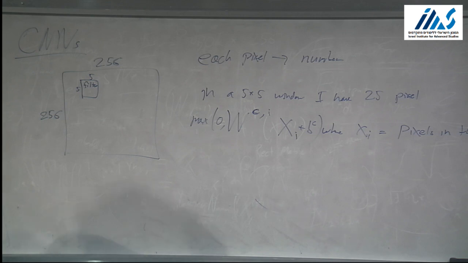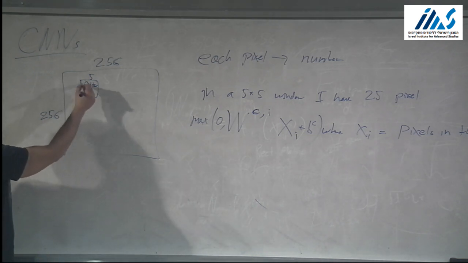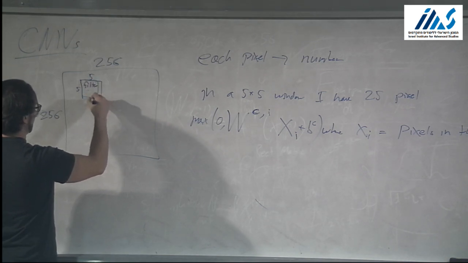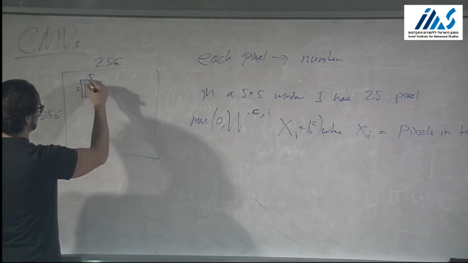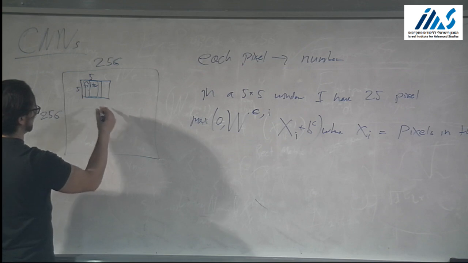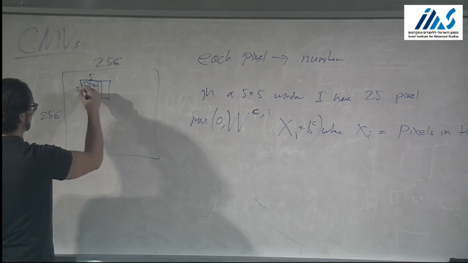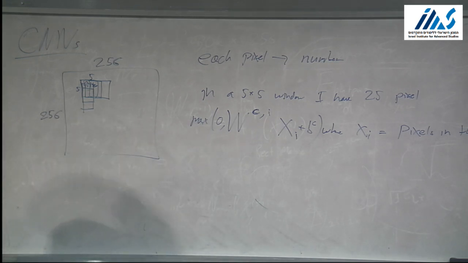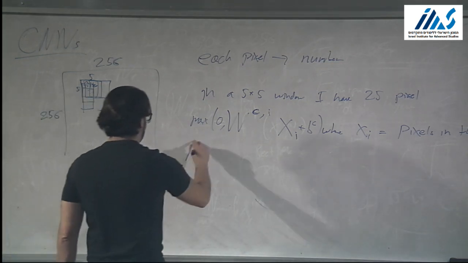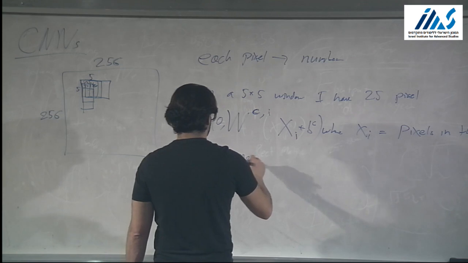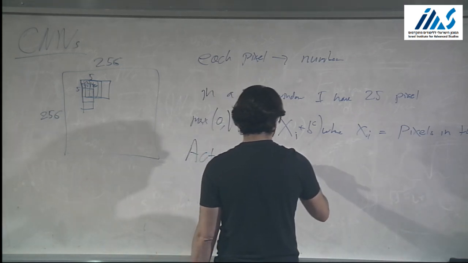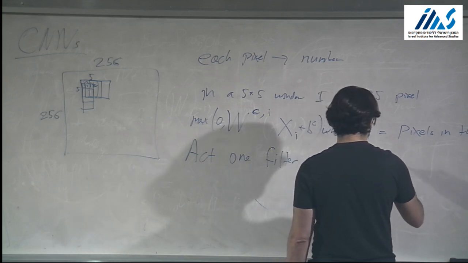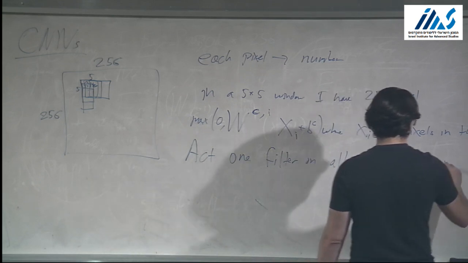So, in other words, I can calculate what this filter does in this region, then I can slide it over and act it in the next region and the next region, etc. I also slide it down, so I'll act it here, etc. And so now I act, in this case, one filter on all 256 by 256 regions.